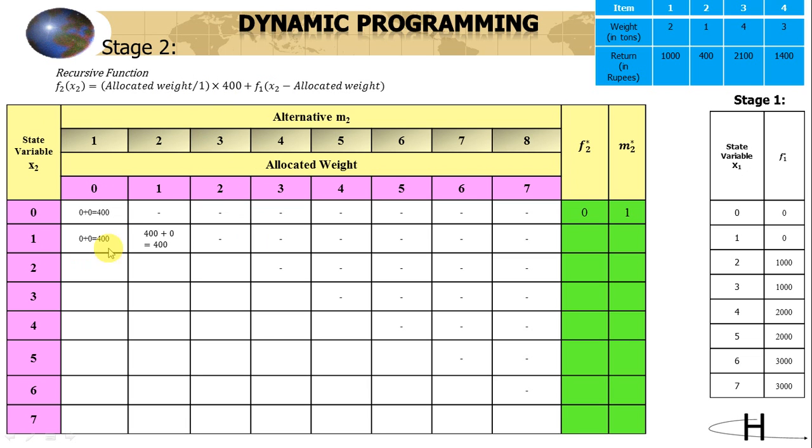Now amongst these two alternatives 0 and 400, the best value of recursive function is 400 with respect to alternative 2.